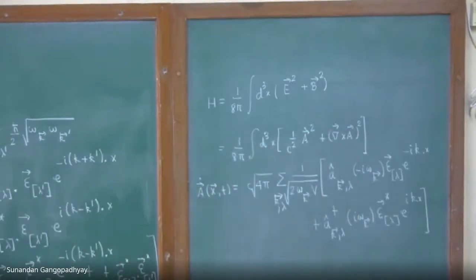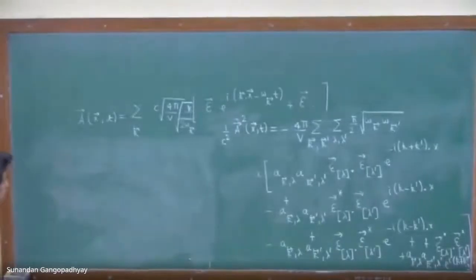So we can again remove this side of the board. So let us do the calculation for curl of A whole squared on this side of the board.